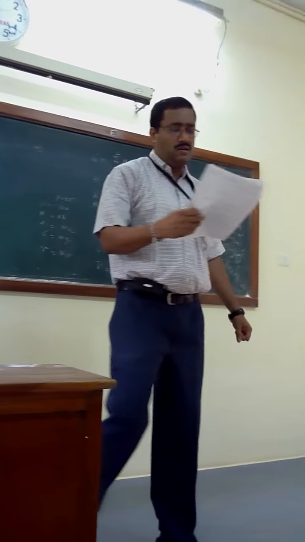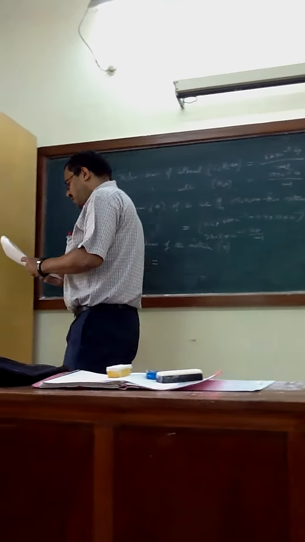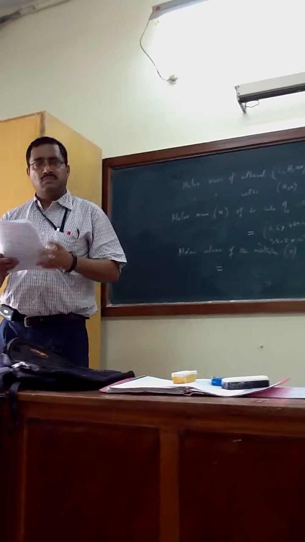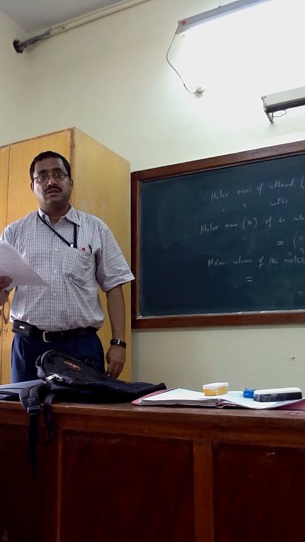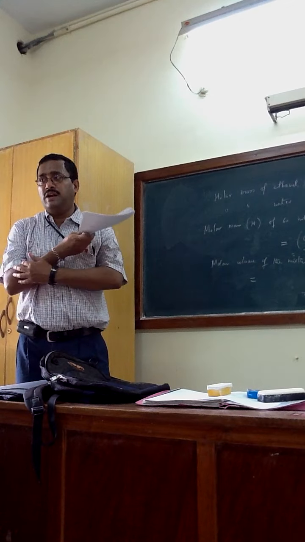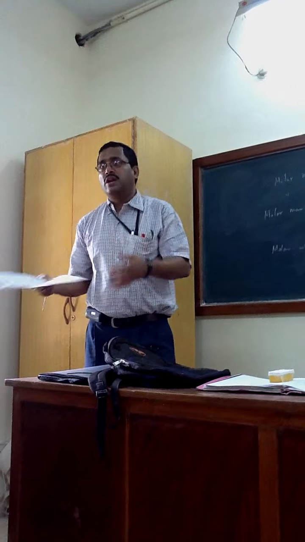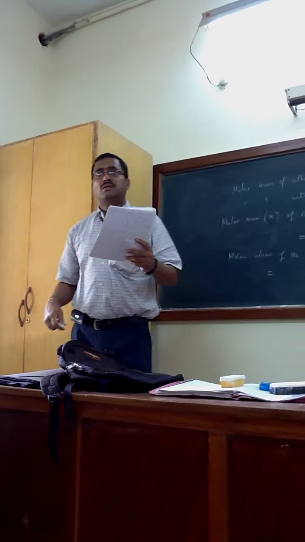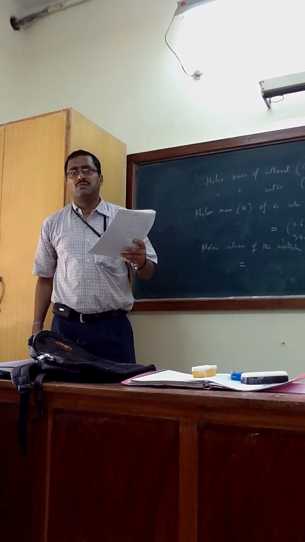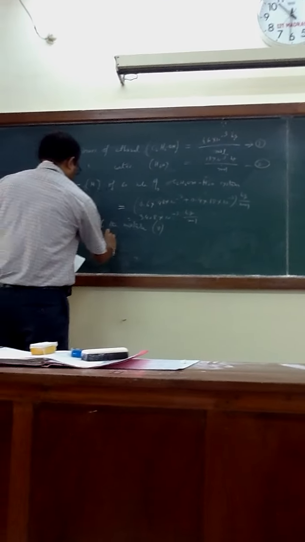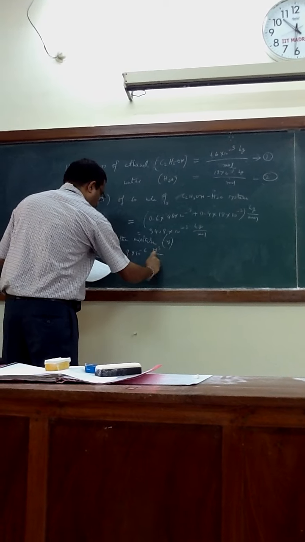So how much is the molar volume of the mixture? No units, that's what I'm telling you. You guys, even if I die, you won't tell the unit. Anybody? Meter cube per what is the answer? 40.9 × 10^-6 m³ per mole.